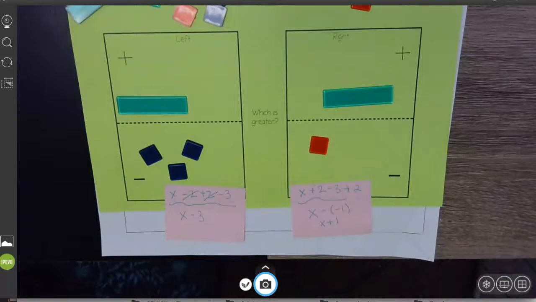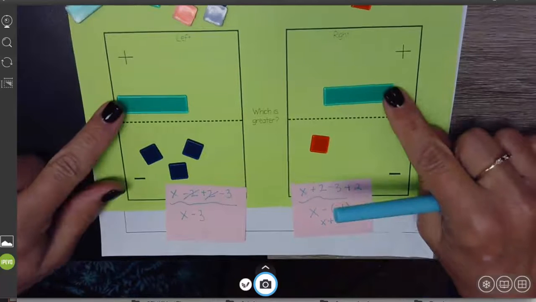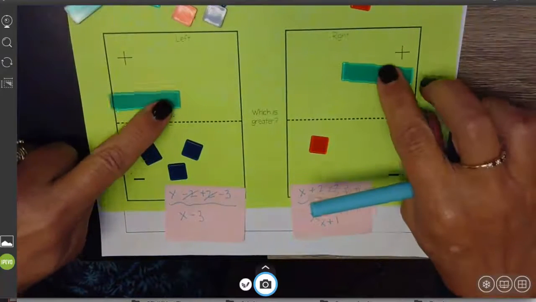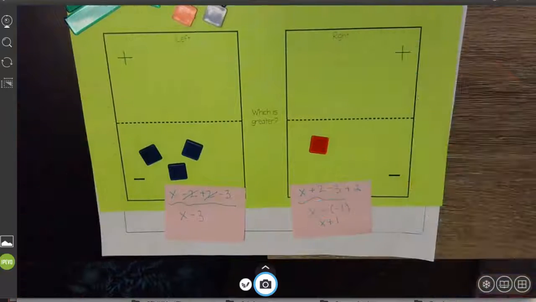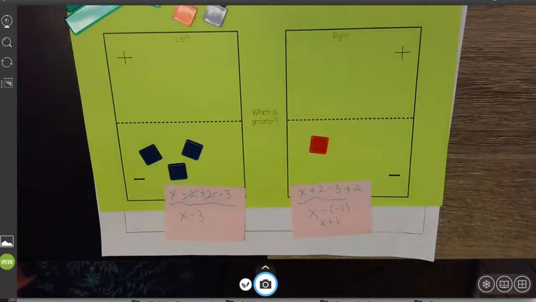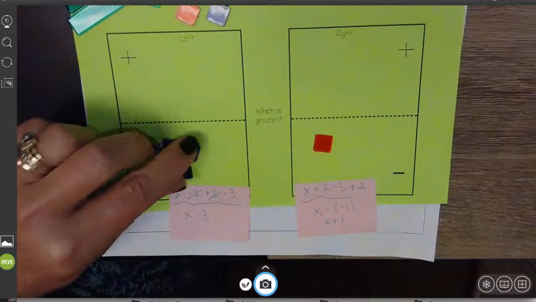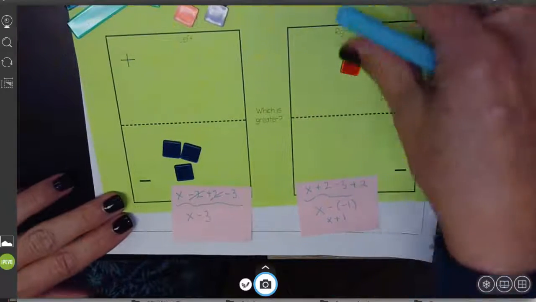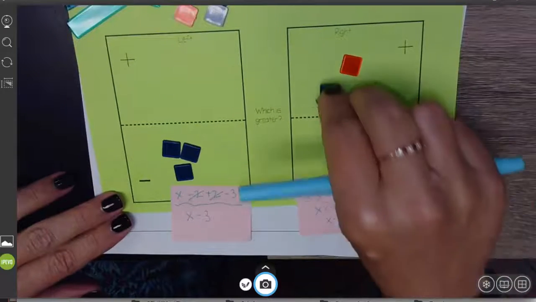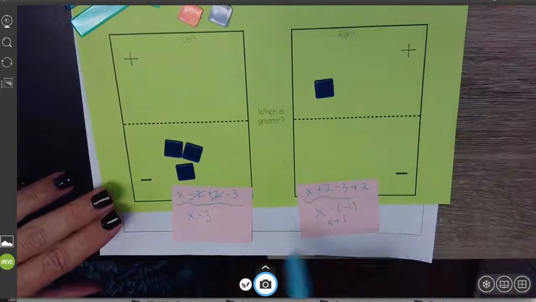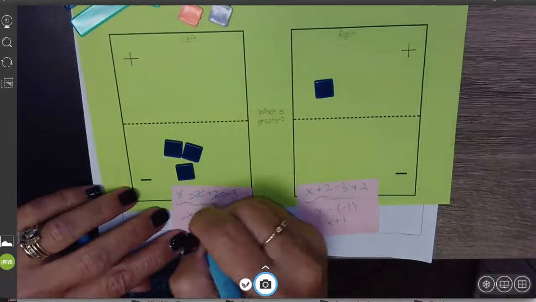Then when I think about which one is going to be larger or greater, well, my x and my x are equal. So we don't have to consider them as far as equality or greater than or less than in this situation. Here I have 3 negatives, but up here if I wanted to switch this one out to a positive, so now I have 3 negatives because we took our x's out.